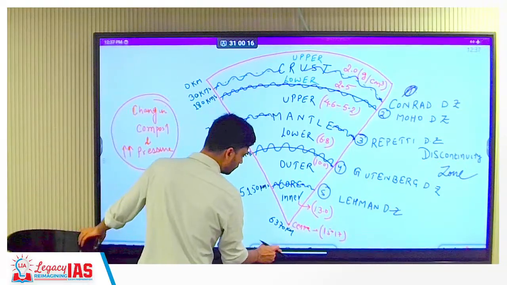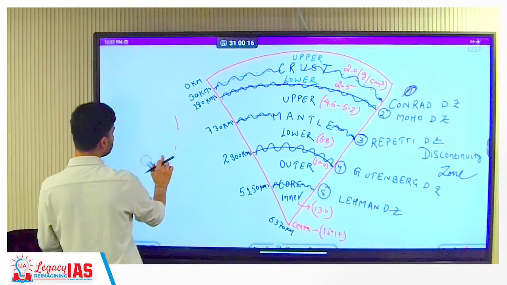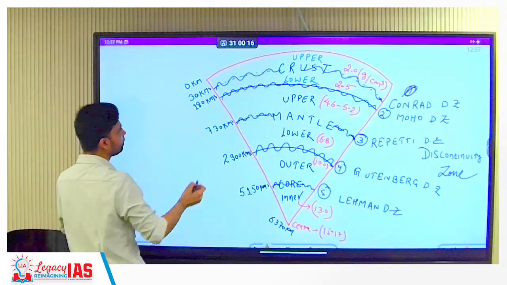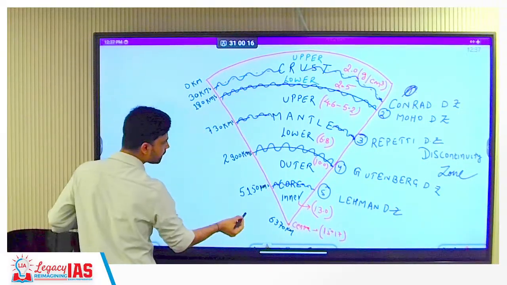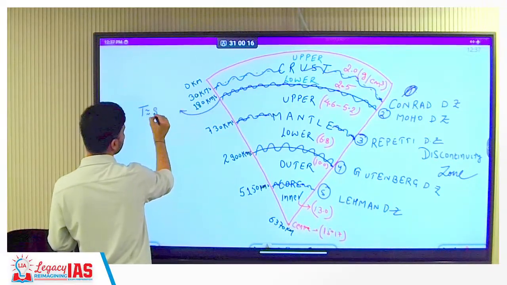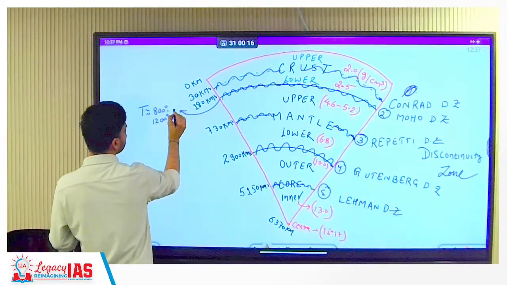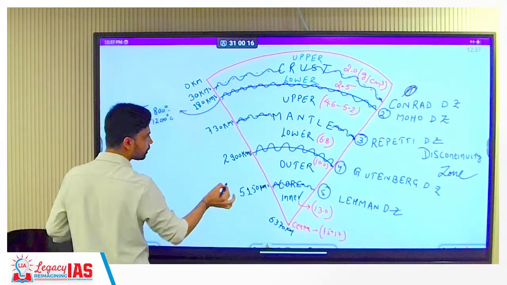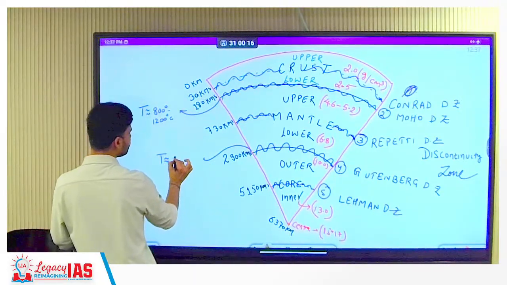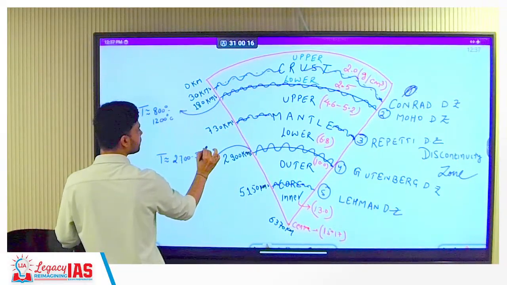Now, the other thing that increases as you go inside the Earth is what? Temperature. At the crust-mantle junction, the temperature is in the range of 800 to 1200 degrees Celsius. At the mantle-core junction, the temperature further increases and goes in the range of 2700 to 3000 degrees Celsius.